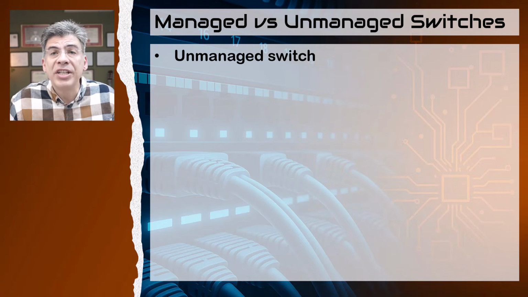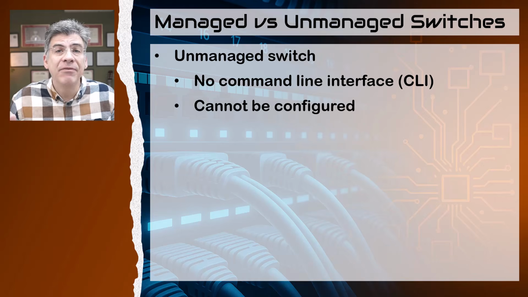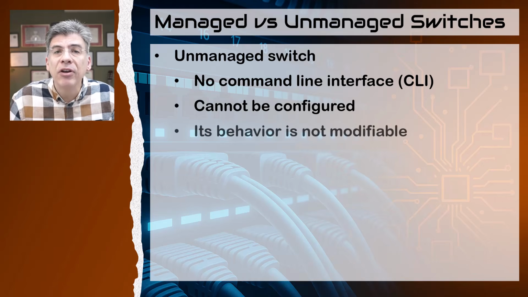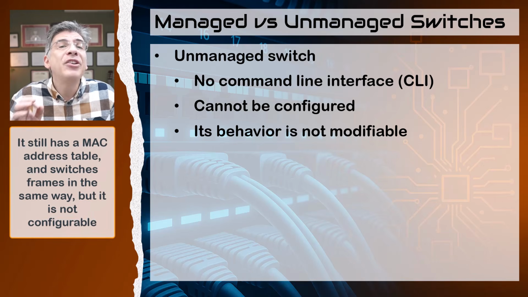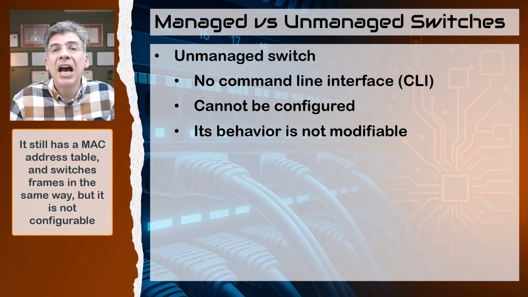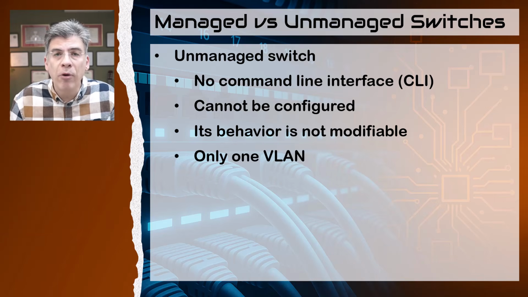An unmanaged switch is one that has no command line interface and cannot be configured, so its behavior is not modifiable. It still has a MAC address table and provides switching functions, but no parameters can be changed. An unmanaged switch will have the same VLAN on all ports, and it will always work like this.